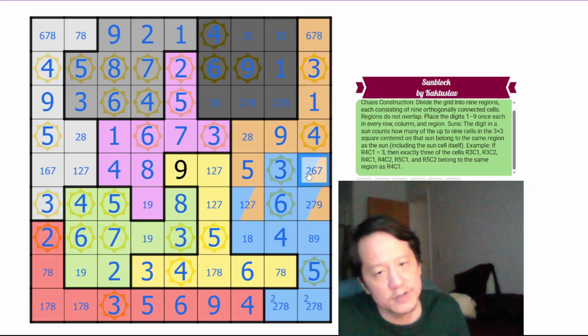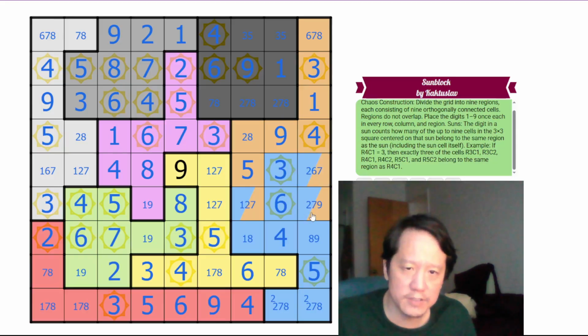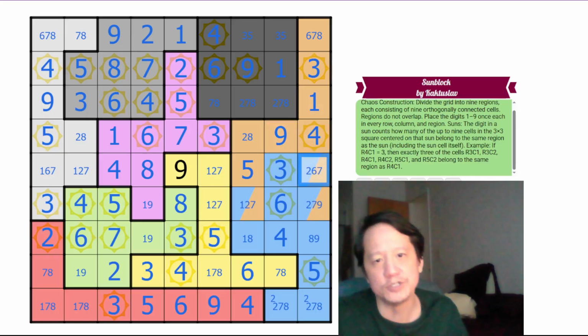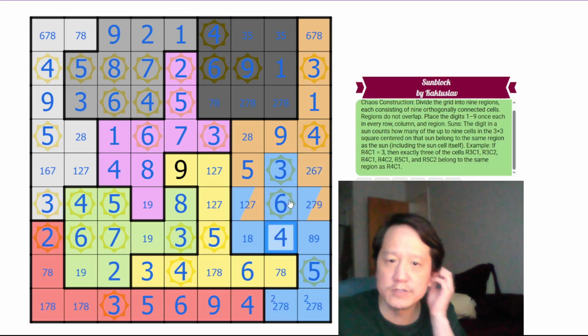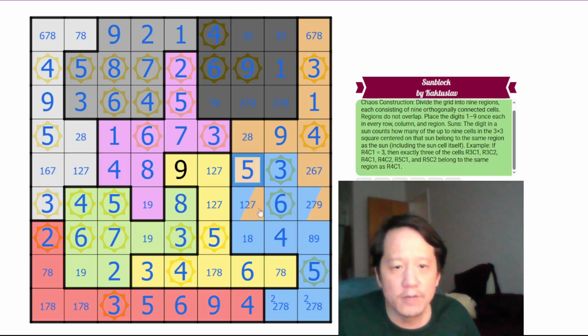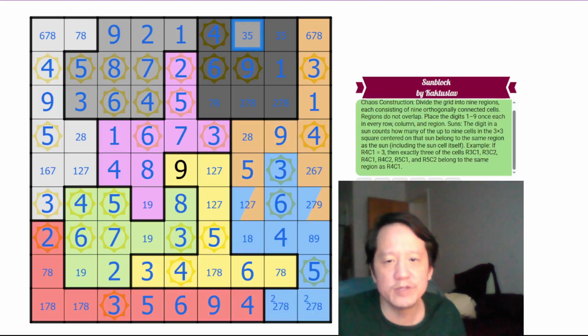Only one of these is blue. If we try to make this blue, that doesn't work. Actually, we need 4 oranges here, so this must be orange anyways. 5 here, 3, with 5 eliminates 5 here, so that's 3 and 5 there.